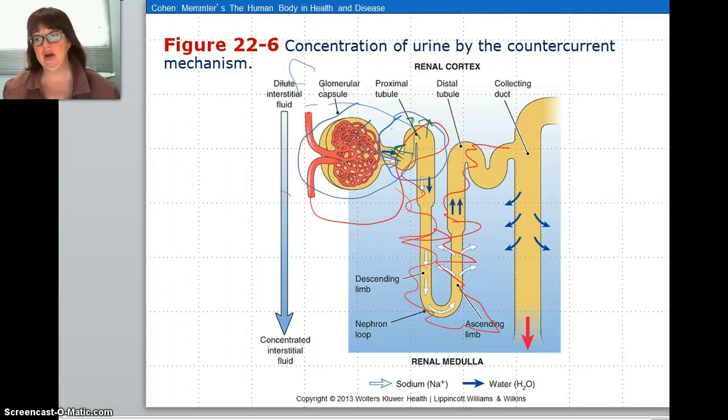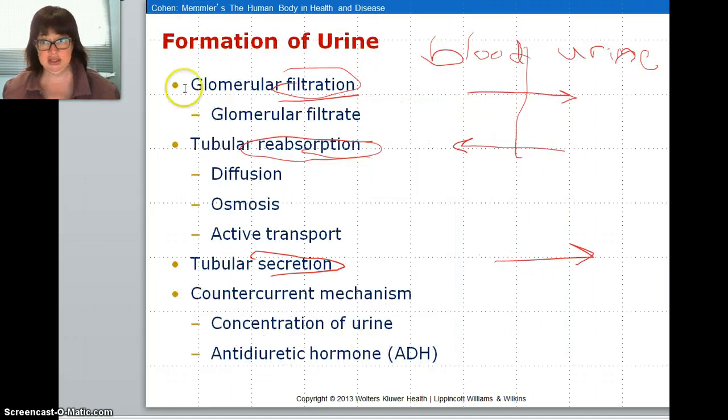Okay, now the third process. So the first process is filtration. Almost everything comes out except blood cells and protein. Second is reabsorption. Active transport, your sodium is transported back. Glucose is transported back.